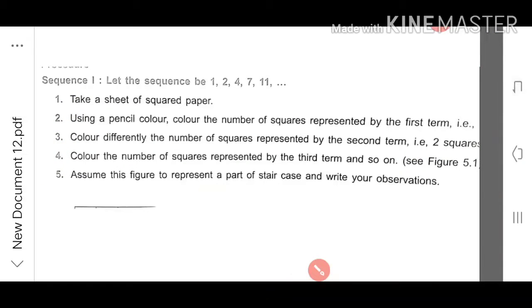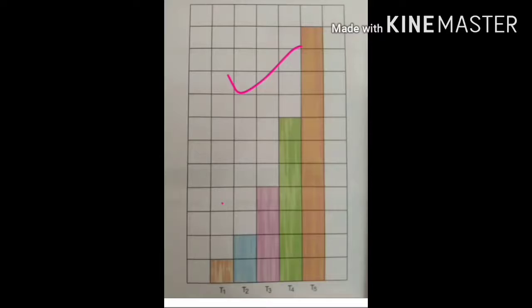So look here, our sequence is 1, then 2, then 4, then 7, then 11. First we take a square of height 1, then we take 2 squares, then we take 4 squares, and then we take 7 squares, 1 2 3 4 5 6 7, then we take 11 squares.